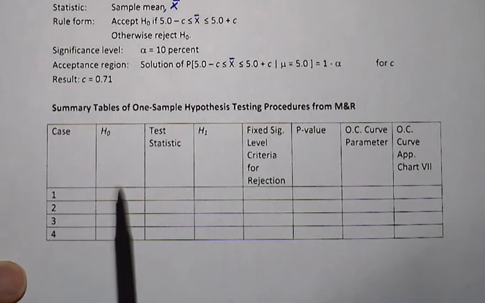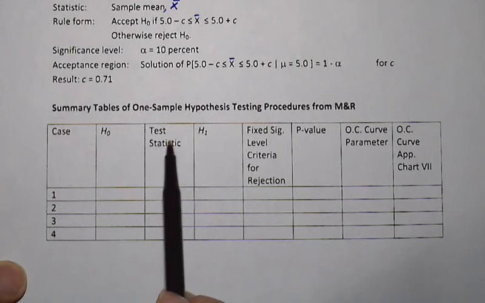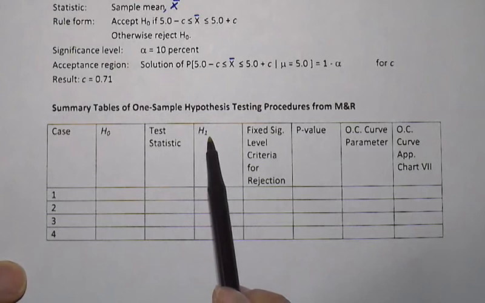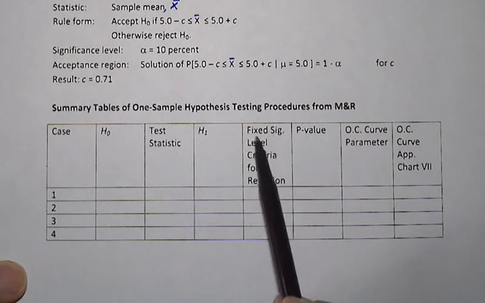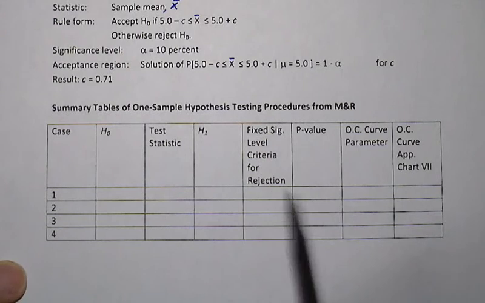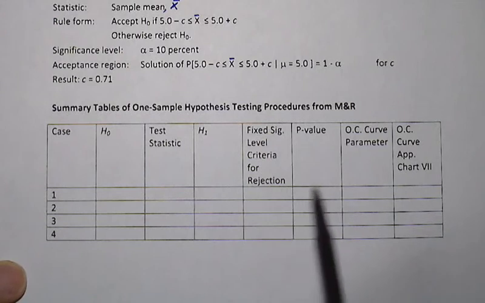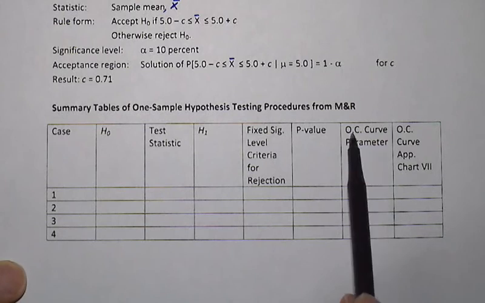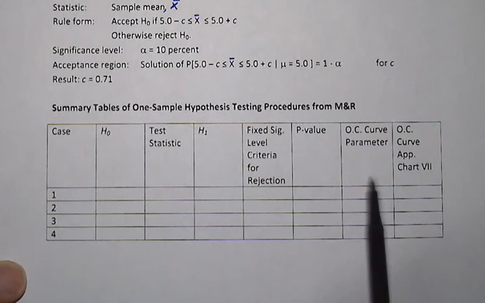And so you'll see that you've got 4 different cases. There's your null hypothesis, typical kind of statement, the test statistic that goes along with that, the alternative hypothesis, and if you're using a fixed significance level criterion for rejection, there's a table for that, the p-value, how do you calculate the p-value, and then this notion of the operating characteristic curve parameter and which chart.